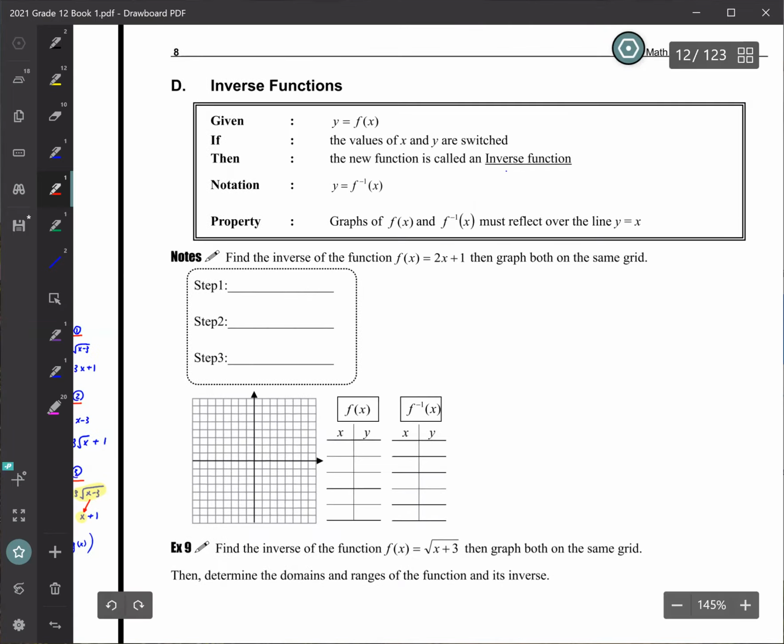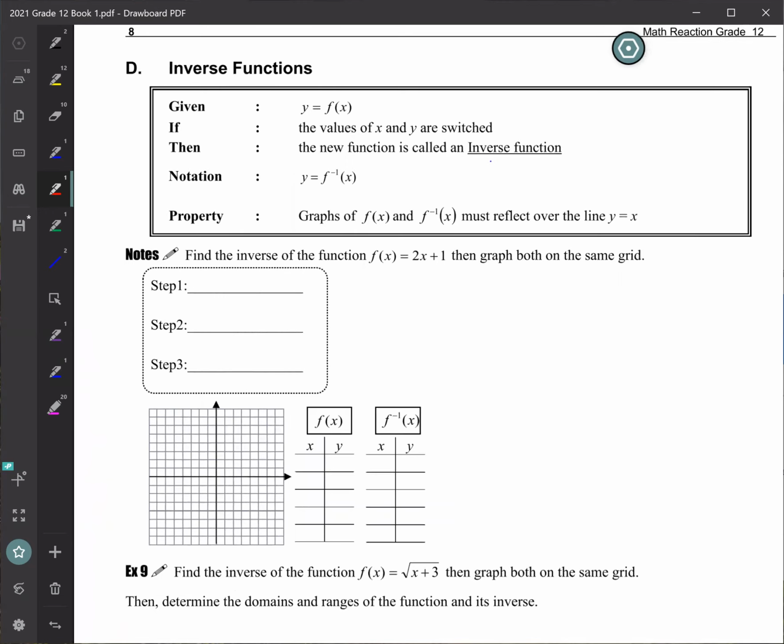So let's start with the original function first. We'll talk about inverse later. Don't worry about the top, the box, for now. After we go over the example, we'll look at the box, and then it will make more sense. Here we are given a function, and it asks you to find the inverse, but don't worry about that yet.